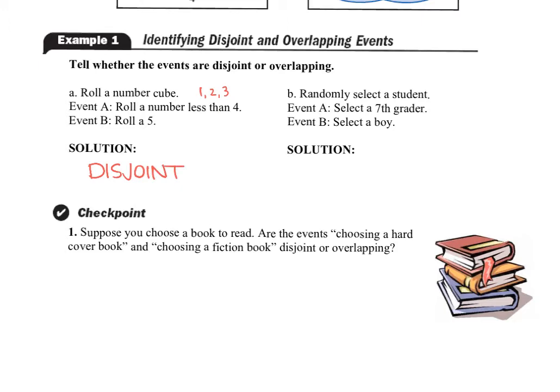B says you are randomly selecting a student. Event A is that you select a 7th grader. Event B is that you select a boy. Well, these are overlapping because there could be a 7th grade boy. There could be an outcome that falls into both events or overlaps. Why don't you read one and see if you can figure out which it is?